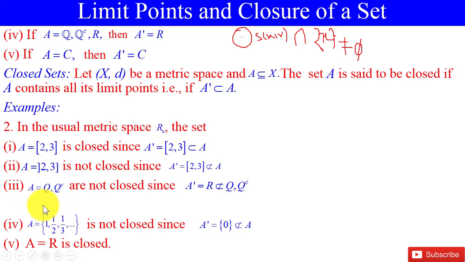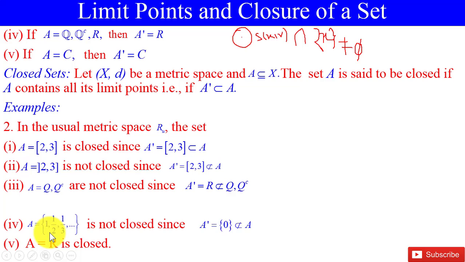If A is equal to Q or Q complement, that is, rational numbers or irrational numbers, they are not closed, since A dash is equal to R, which is not contained in Q or Q complement.